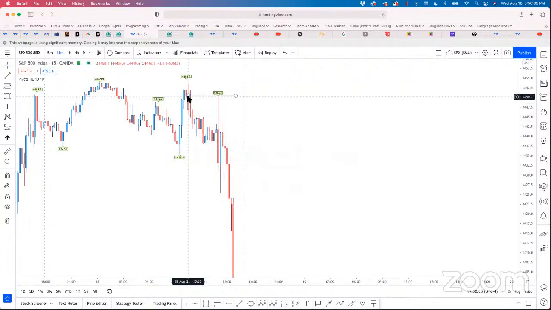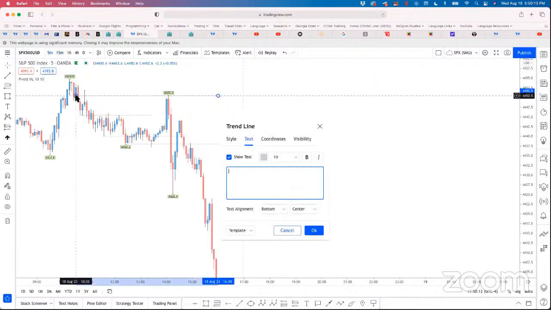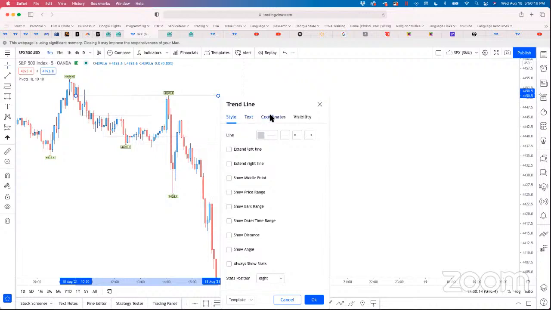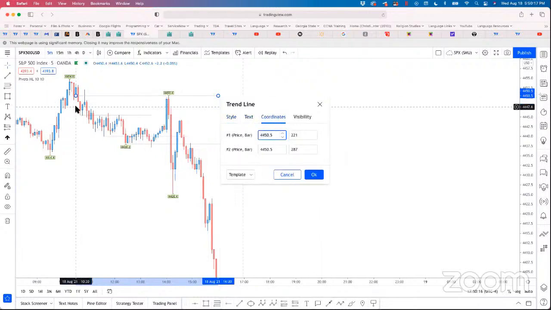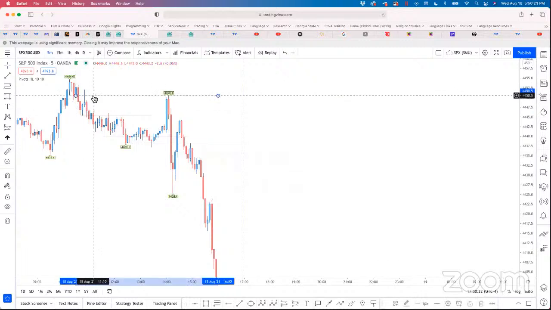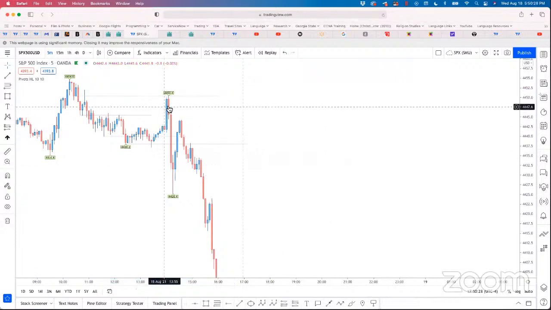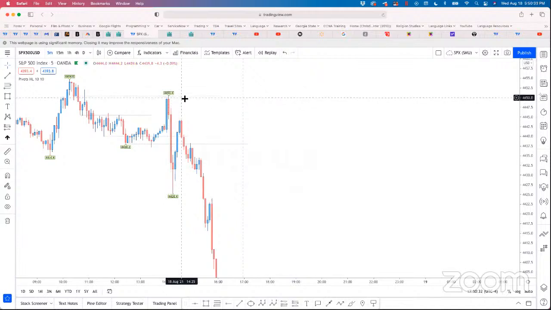This high right here that we had, let me go back to it and get the exact. The low on this candle is 4450.4. What's the high on this candle? 4450.4.